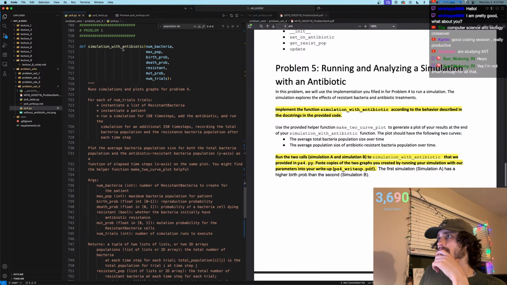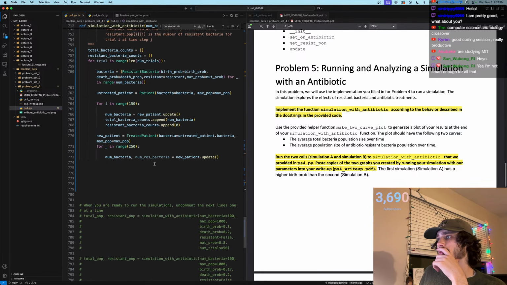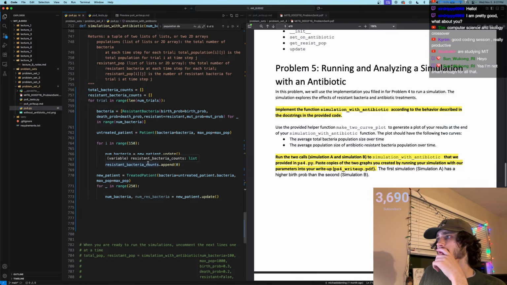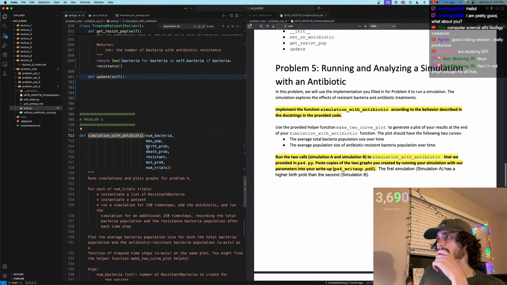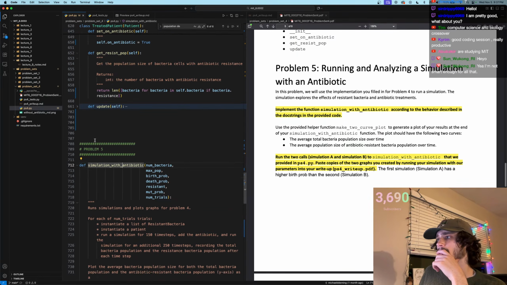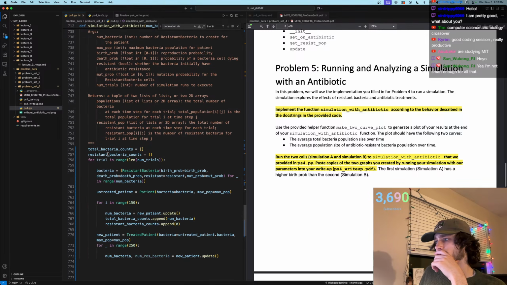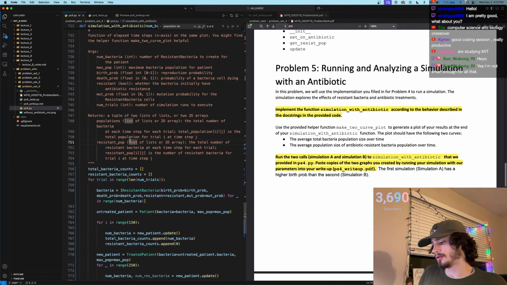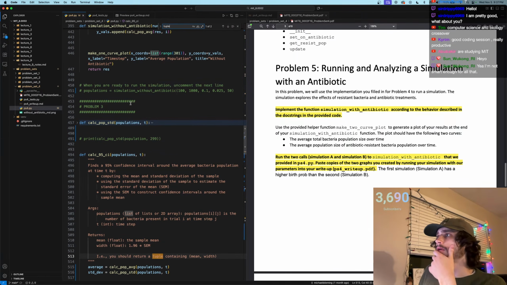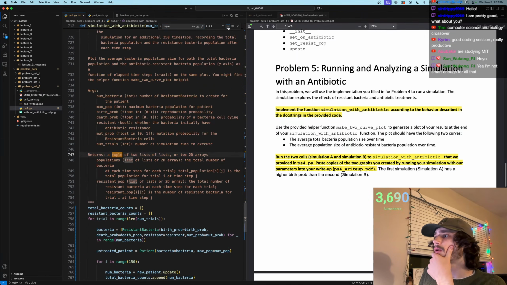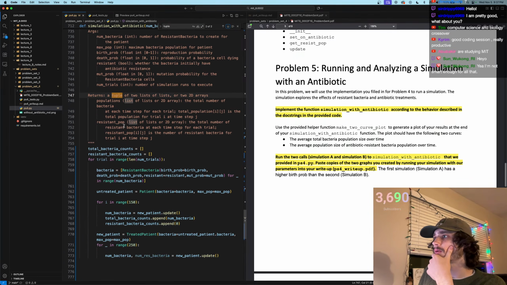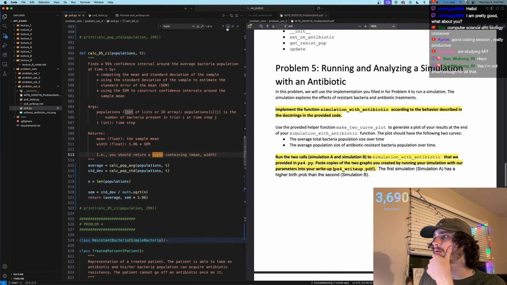Oh, simulation with antibiotics here. Simulation with antibiotic returns... oh, that's here.